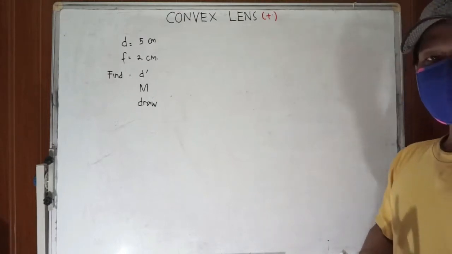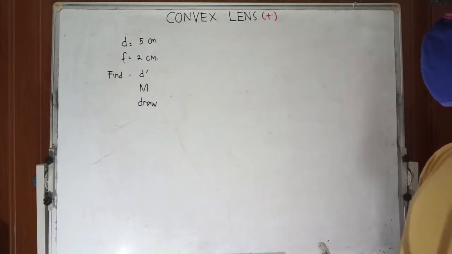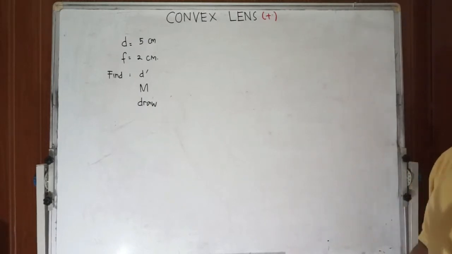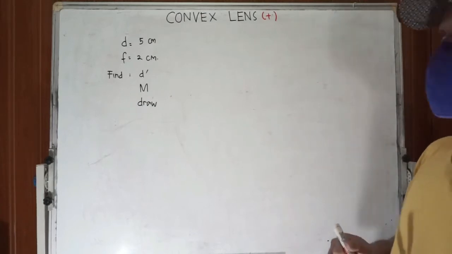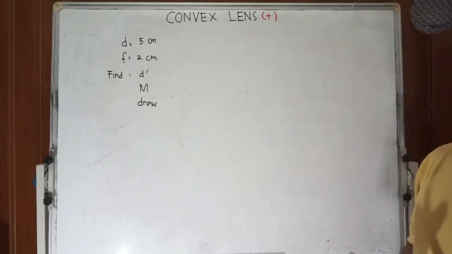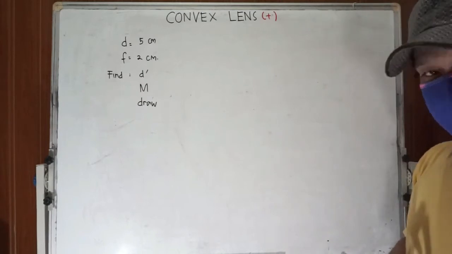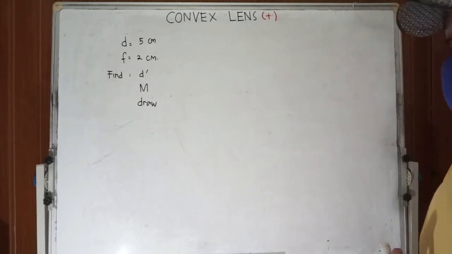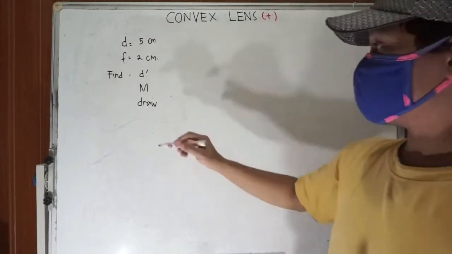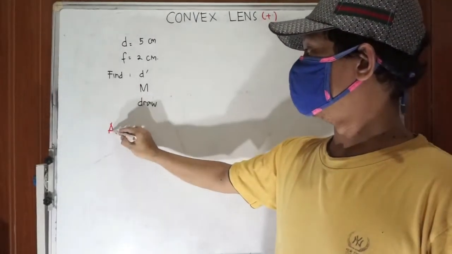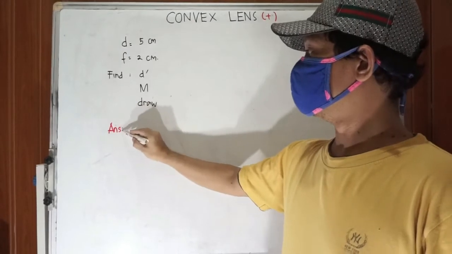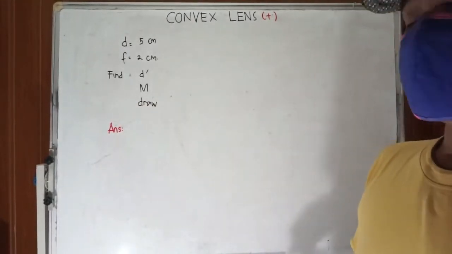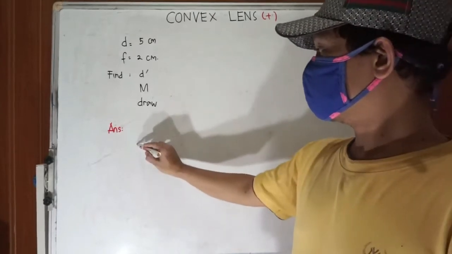Okay, try the answer. How to answer the convex lens. Take a look at my working and try to understand. Answer. Okay students, the first is we are going to find the image distance.